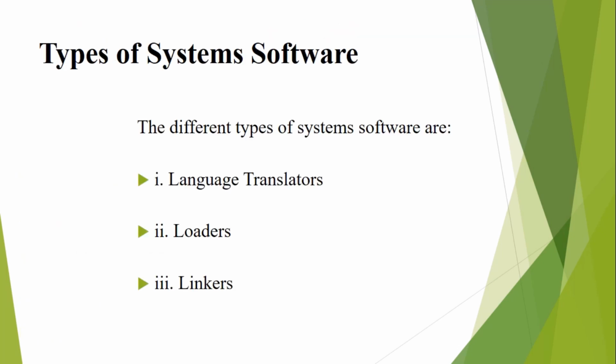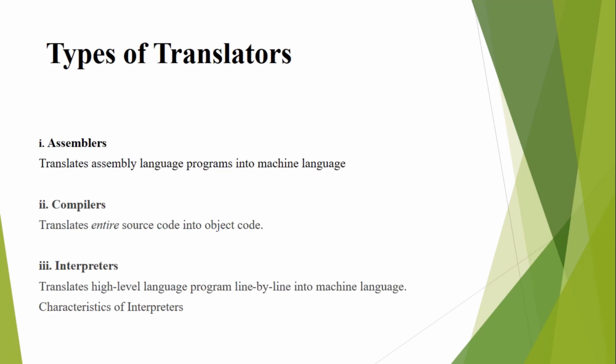Types of system software: we have three different types. We have the language translators, we have the loaders, and we have the linkers. We shall go through them one by one.